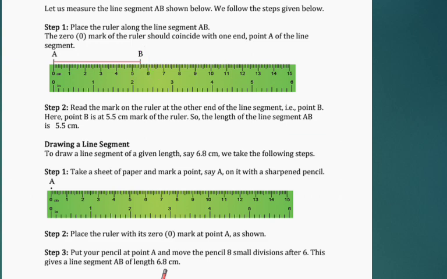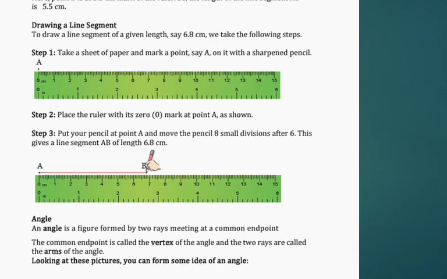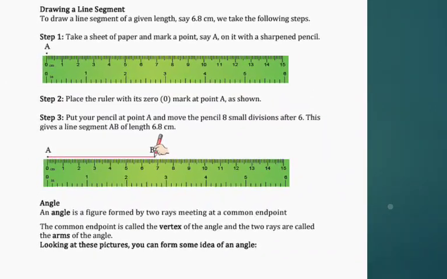Right. Next, drawing a line segment. How to draw a line segment of a given length, say 6.8 centimeters? We can take the following steps. Step 1: take a sheet of paper and mark a point, say A. You are first fixing A on a plain paper.